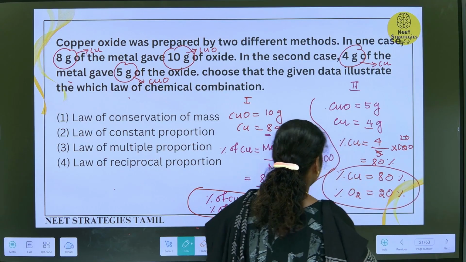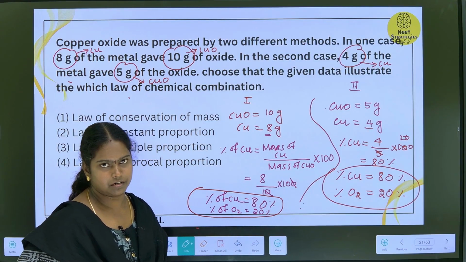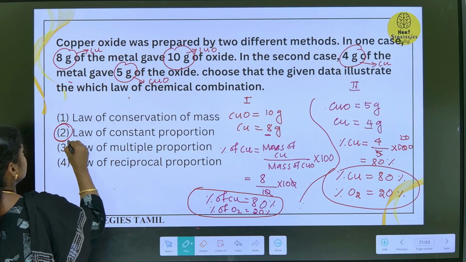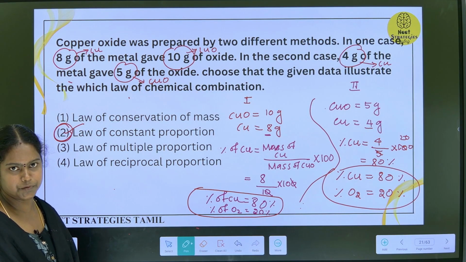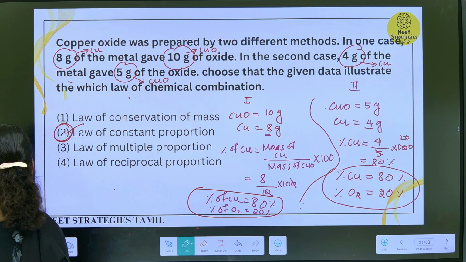From these two experiments, the composition is constant. So this is the law of constant proportion, right? This is the kind of problem they ask, taken from year paper problems. Okay, next one.